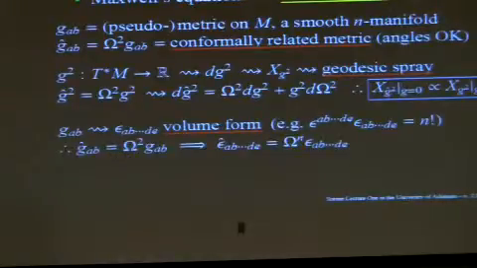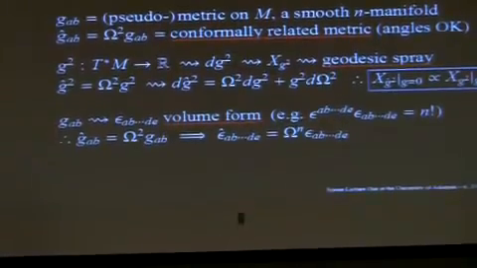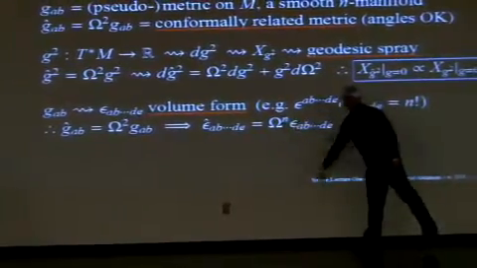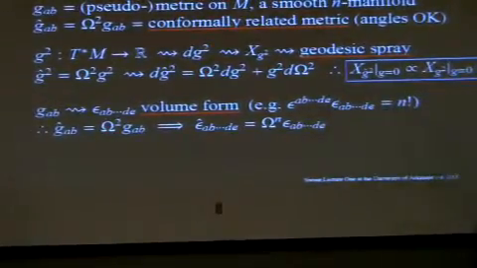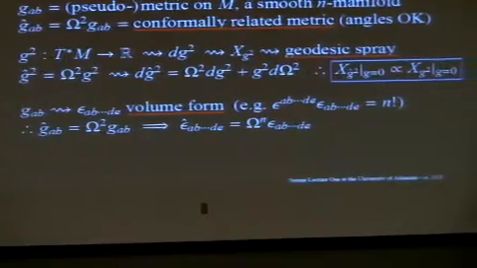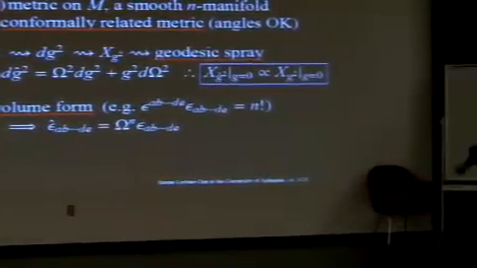If you scale the metric by omega squared like that, then the volume form rescales by omega to the n. As I was saying, this omega here has the units of length. So volume has the units of the dimension of the manifold. So in any case, this is a simple check.